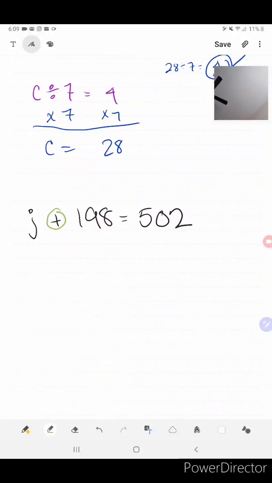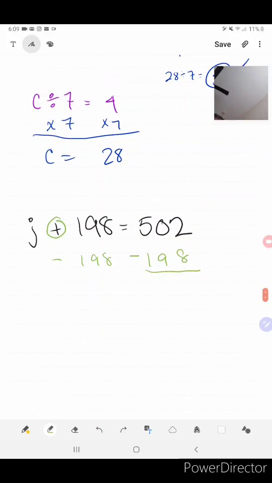That's the first step you do. So minus, and then this number is on the wrong side, so we have to move that one over. So we subtract 198 on the other side. Remember, you're not bringing this one over here. No, you're bringing 198 to the other side, because the rule is numbers without variables go on the right side.